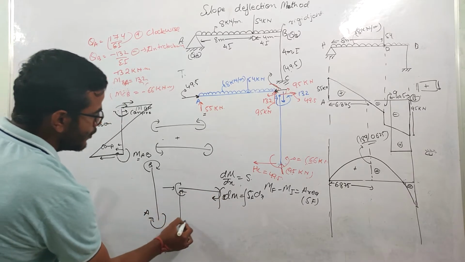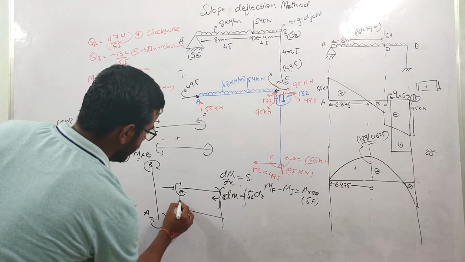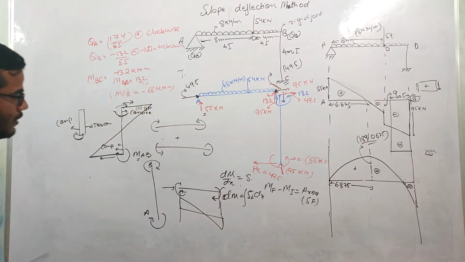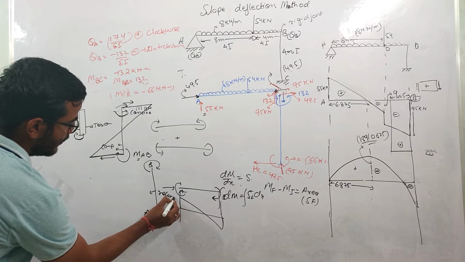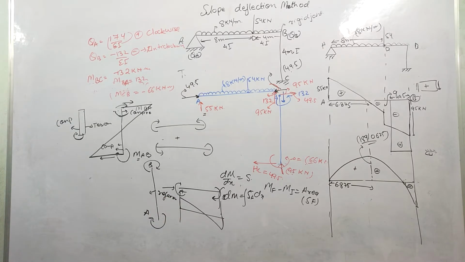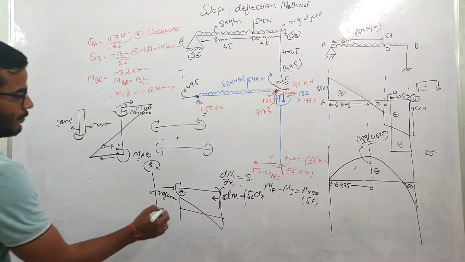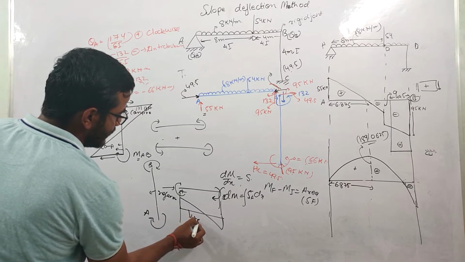If you plot the bending moment diagram for this, it will look like this. Here the reference line is this, and if I rotate it, the reference line is this.